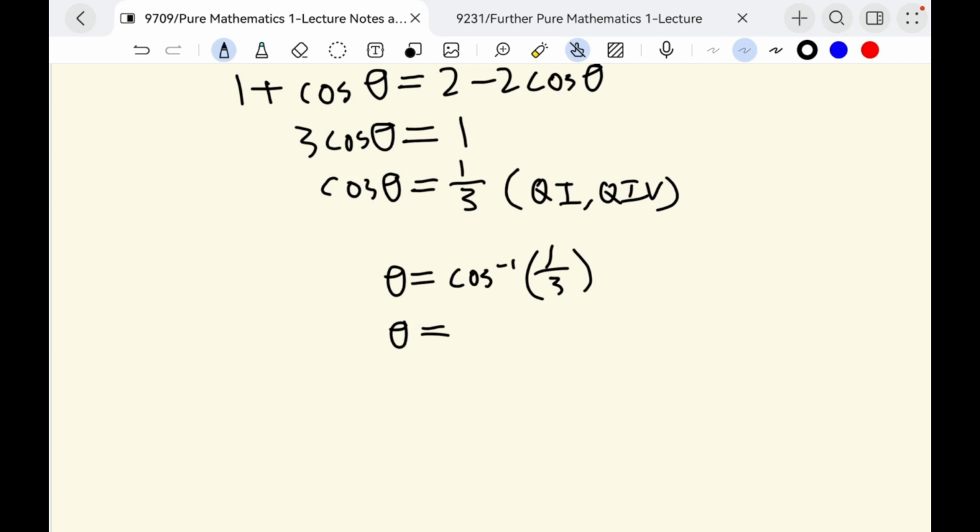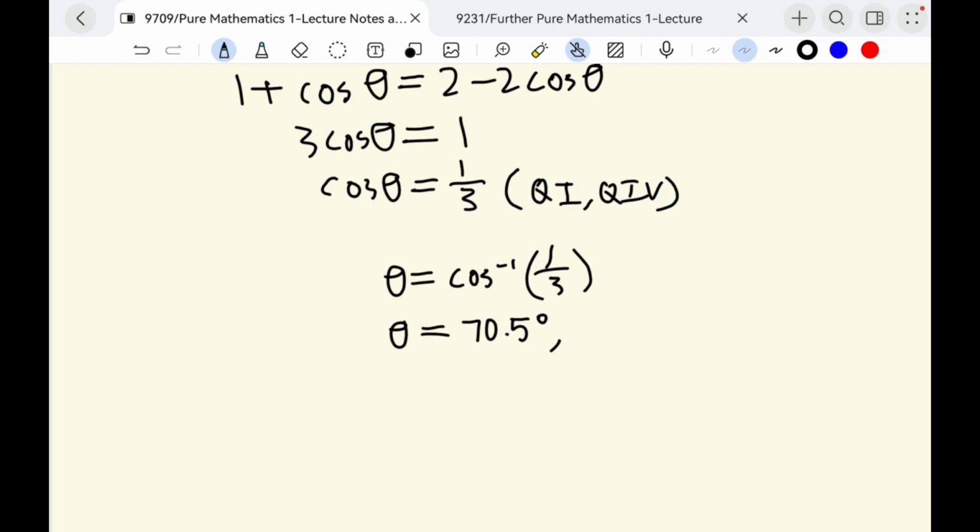So the reference angle solution is 70.5 degrees. And then don't forget to take your base angle, 360 degrees minus the base angle that you have found. That is your solution for the angle in quadrant 4.